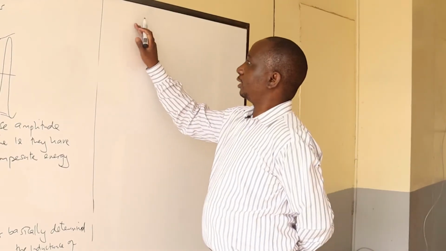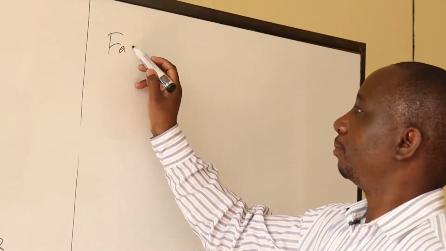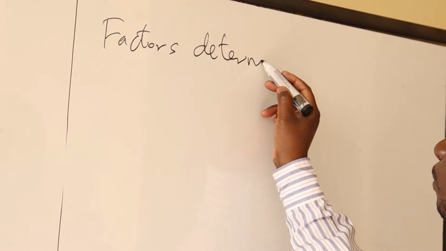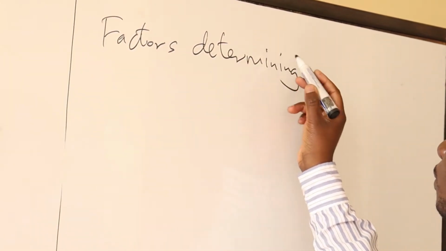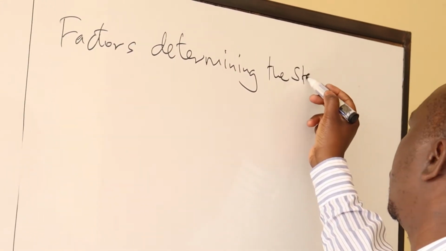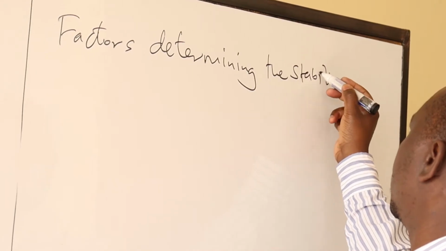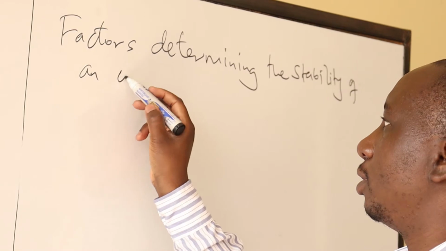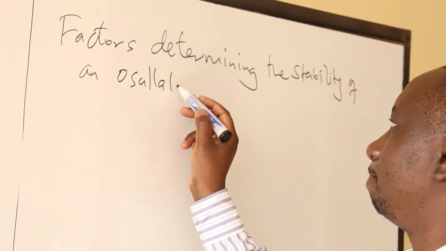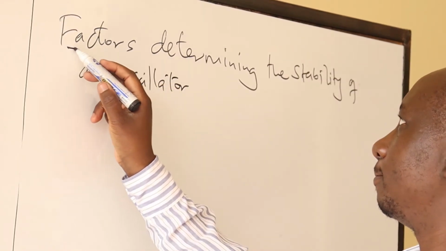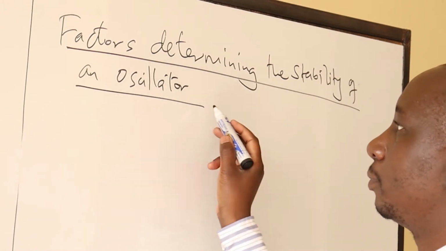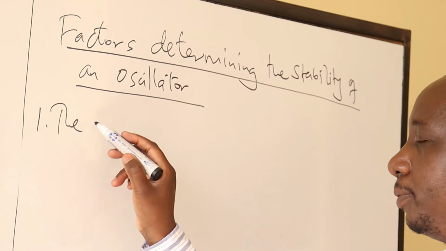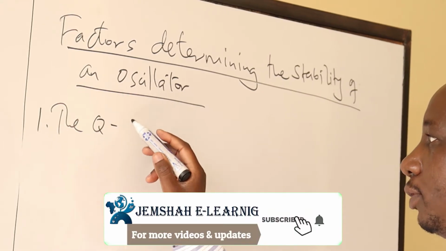The factors that determine the stability of an oscillator. Number one is the operating point, which I refer to as the Q point.